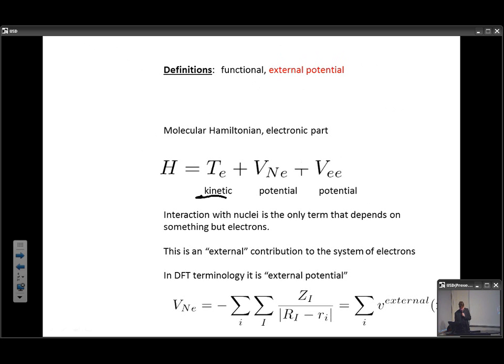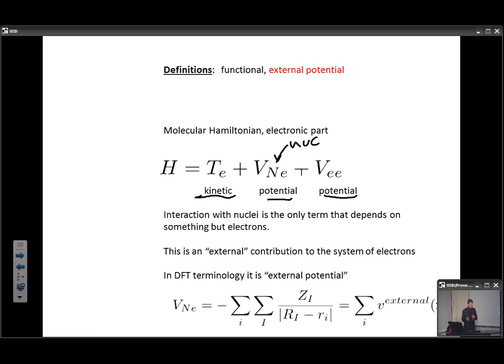So we do have kinetic energy, potential energy of interaction with nuclei and potential energy of interaction between electrons. And the designers of the theory went a really non-trivial logical way. They considered, okay, electrons are our primary goal. We are making a theory for electrons, and it is our main thing.